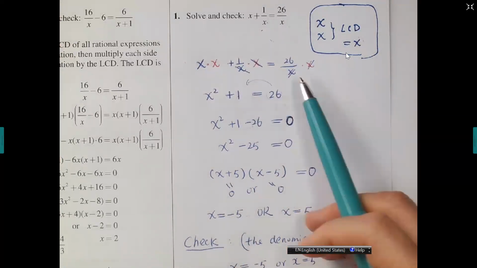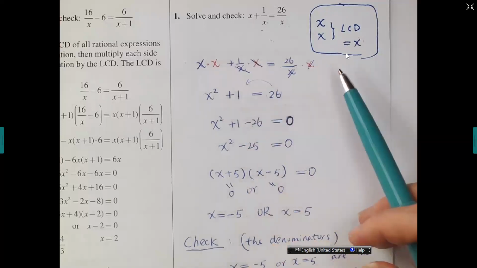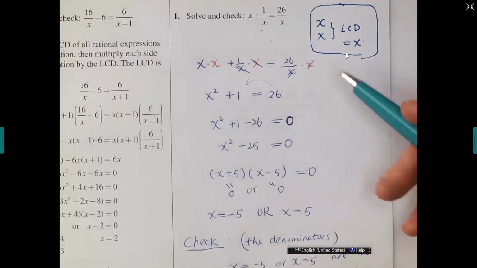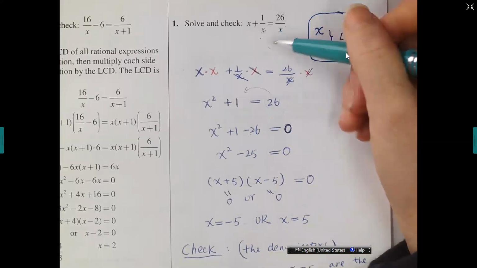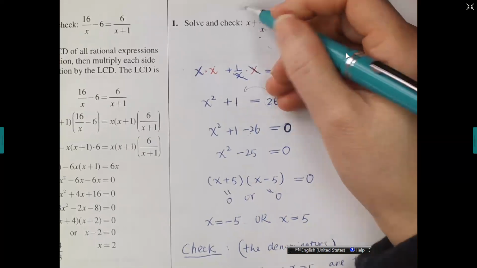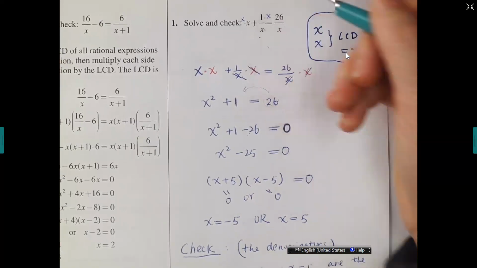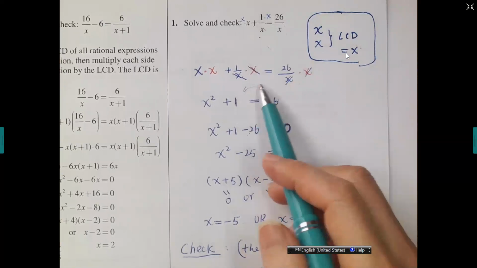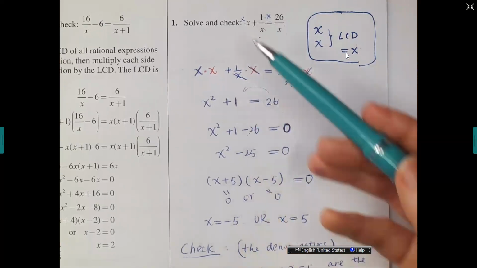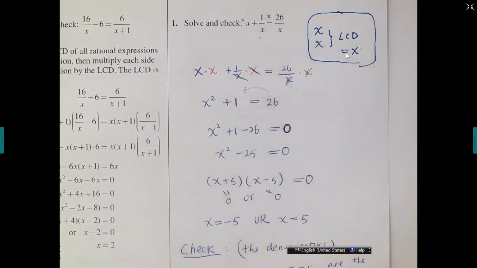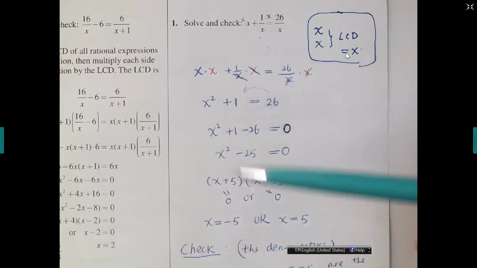That just makes it easier for us to carry out the multiplication. Some people prefer to multiply the LCD on the original equation as given, and then you have to squeeze things in: this one times x, this one times x, there is no times x. I prefer we have space, we have room on the paper. Rewrite the equation, split all the terms, and then everything will be so clear. Just move on step by step.